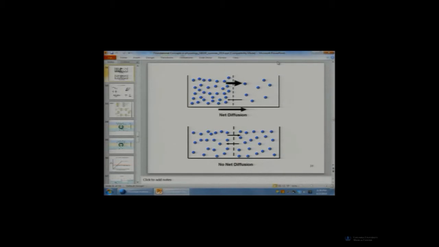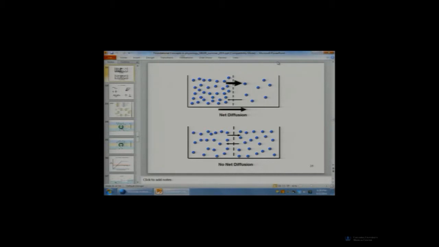But since the concentration on the right is so low, that movement to the left is not very much, right? It's certainly not compared to the movement to the right. So you get a net diffusion to the right until you get an equal distribution on both sides. Okay? So now the tendency for movement in each direction is equal.